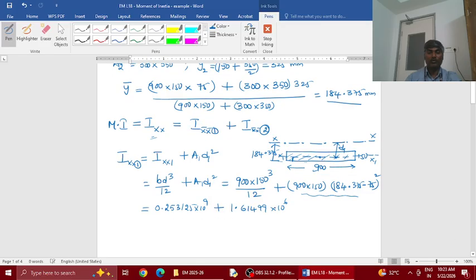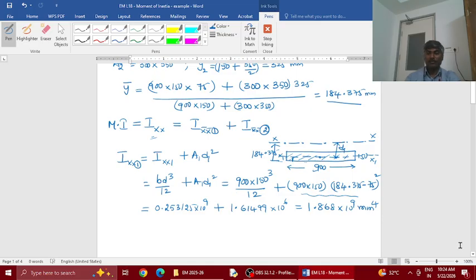So put together, this value is 1.868 into 10 power 9. The units for moment of inertia is mm power 4. This is the first figure, moment of inertia.